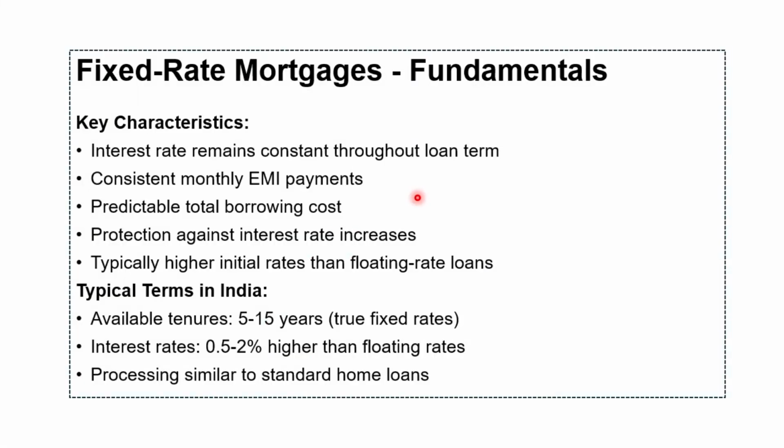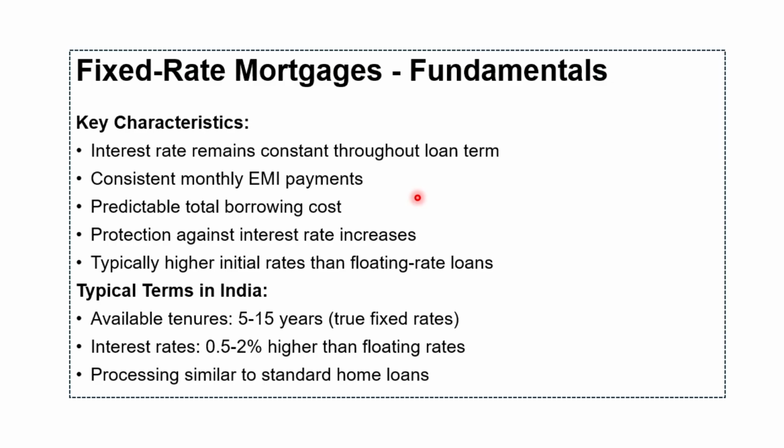Consistent monthly EMI payments is the highlight of this. Predictable total borrowing cost, we know already. In floating, we don't have that awareness. And then protection against interest rate increases. In future, if there is an economic event or global event that may impact interest rates a lot, we will be safeguarded because of the fixed nature of our loan.